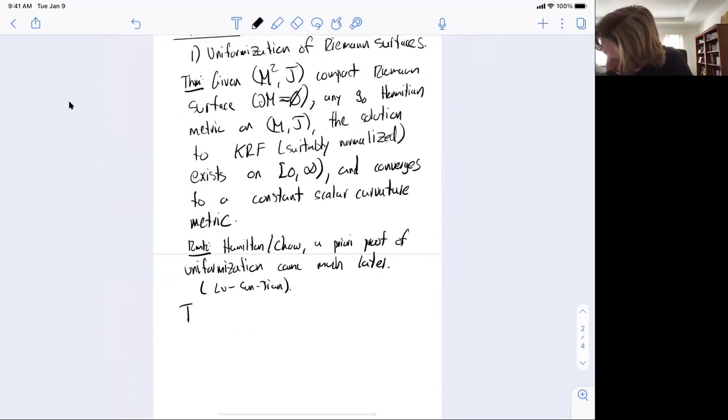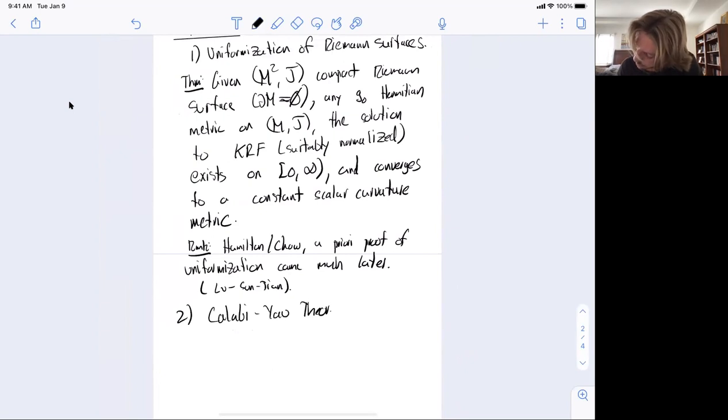And then another very fundamental result about Kähler-Ricci flow is a new proof of the Calabi-Yau theorem. This was essentially the first thing that was proved about Kähler-Ricci flow.